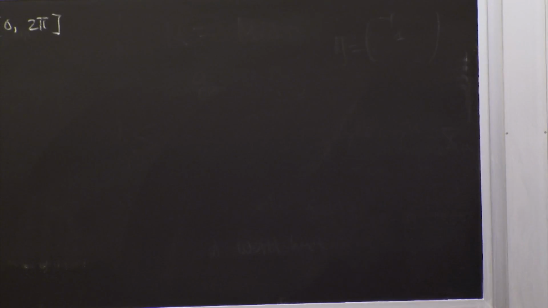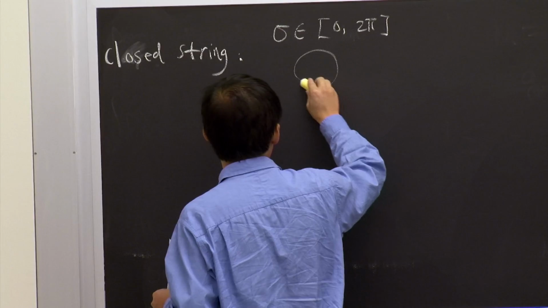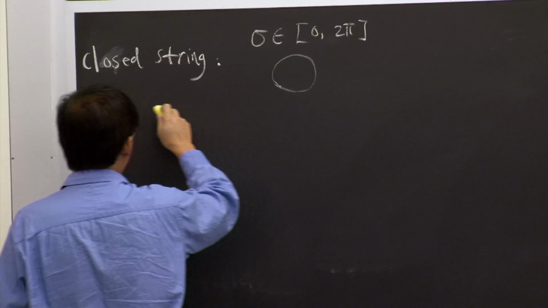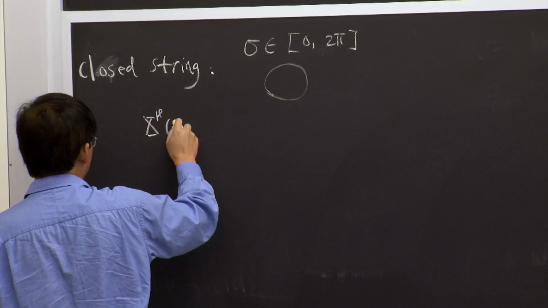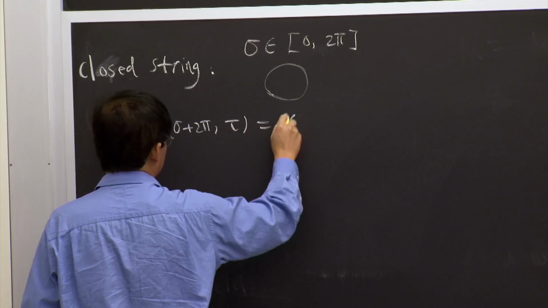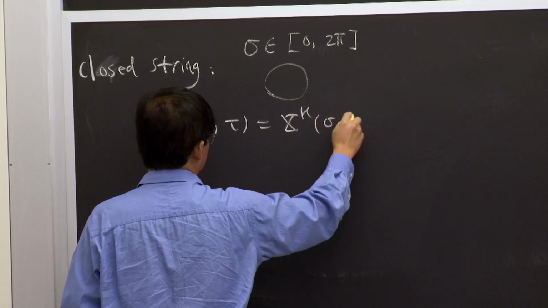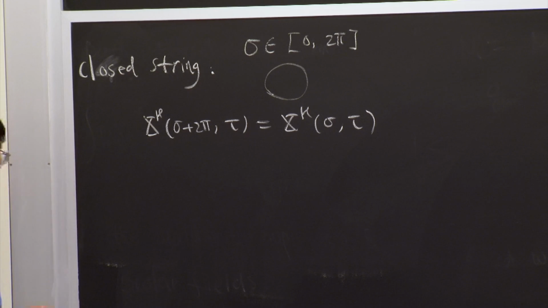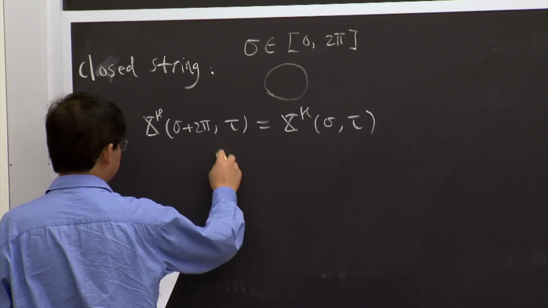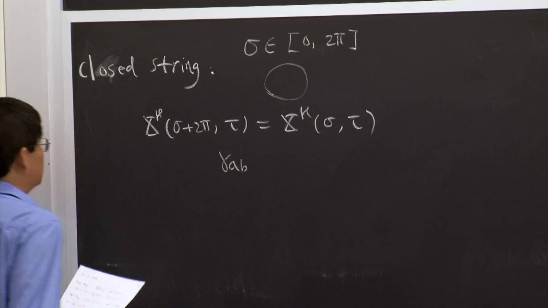Closed means that whatever function we have should be a periodic function of 2 pi. The same thing holds for gamma.